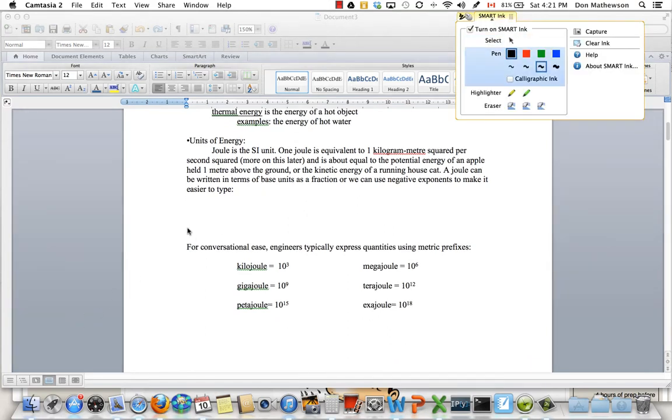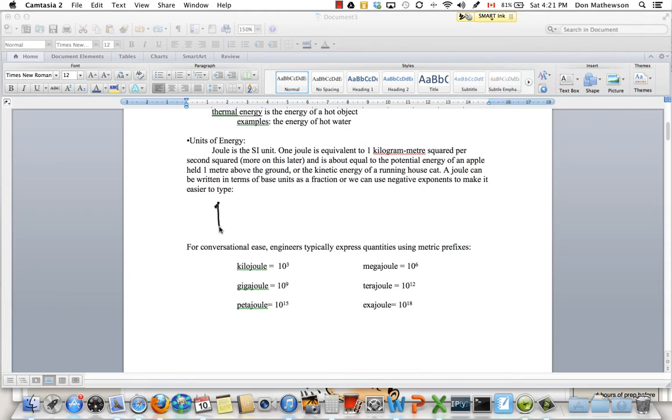So here we can say 1 joule is defined as 1 kilogram meters squared per second squared, or we can also write this as 1 kilogram meters squared seconds to the negative 2 power, okay, because a negative exponent is the same as a reciprocal. So that is the dimensional definition of a joule, okay?